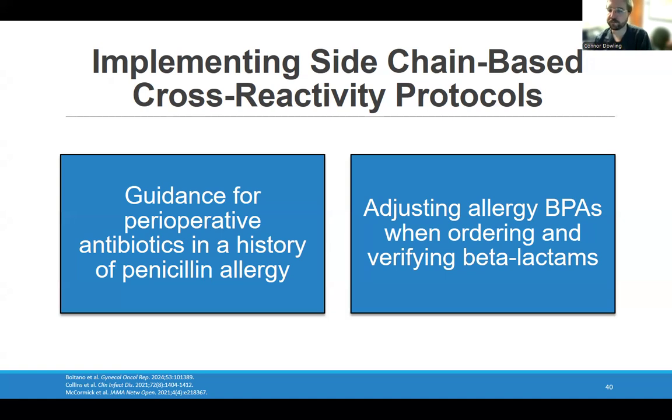And really just looking to use cefazolin and its unique side chain is a great way to have prophylactic antibiotics for surgeries. We can also look to use our knowledge of cross-reactivity to adjust allergy BPAs, or best practice alerts, when ordering and verifying beta-lactams. This has been done and studied, and it shows that when we alter our BPAs to not flag a penicillin allergy history of nausea or vomiting as a cross-reactivity concern with ceftriaxone, for example, we've found that there is not a heightened incidence of cross-reactivity.